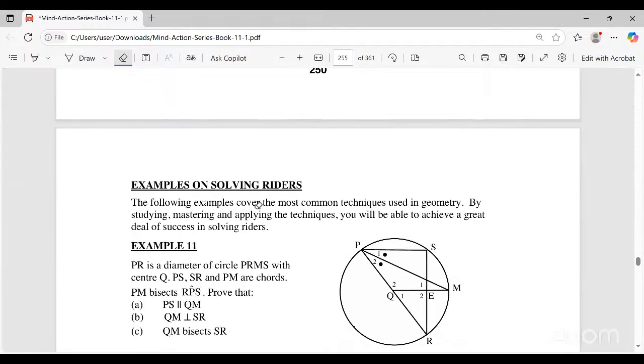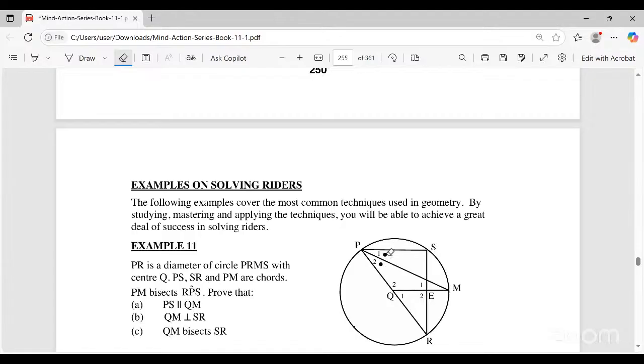In example 11, we are given that PR is a diameter of the circle PRMS, a circle with center Q. PS, SR and PM are chords. PM bisects angle RPS.